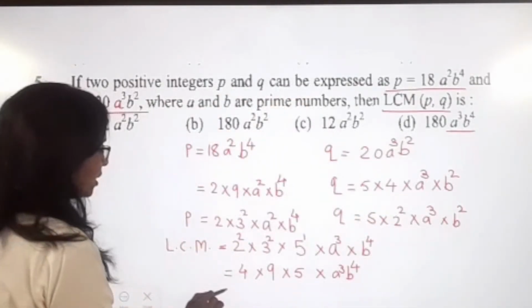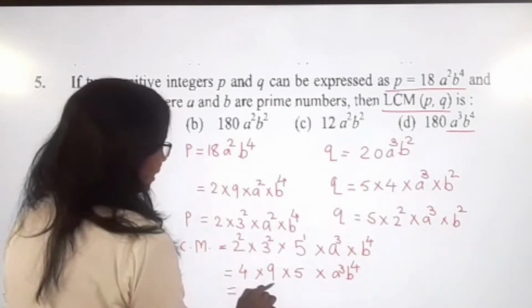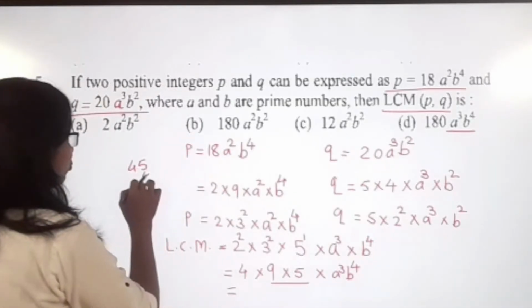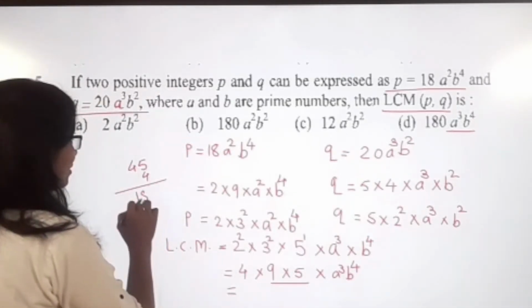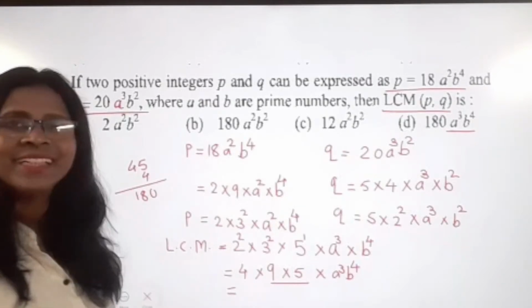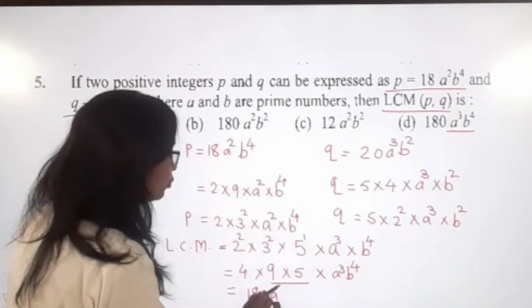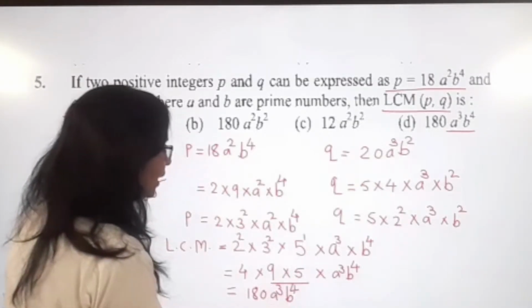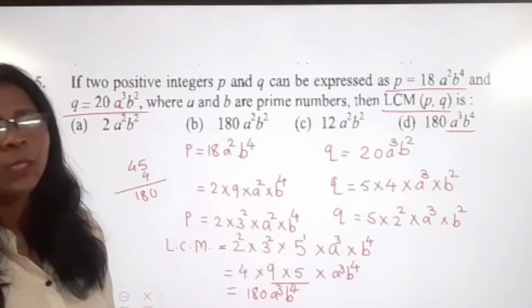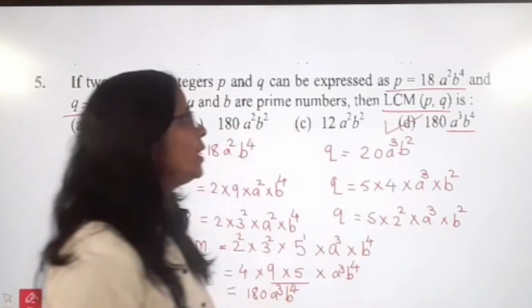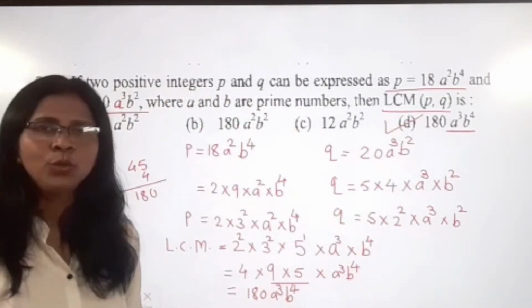Okay, so let us check. 9 5s are 45, and 45 4s are 180. Yes. So 180 a cube b raised to 4 is our correct answer. So here the correct option is D, 180 a cube b raised to 4.